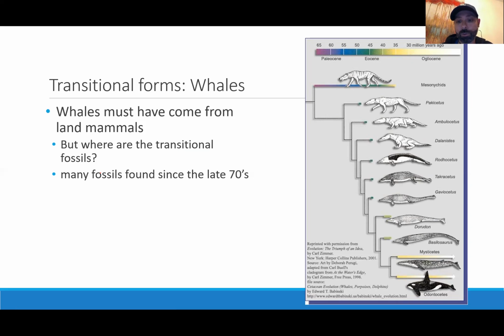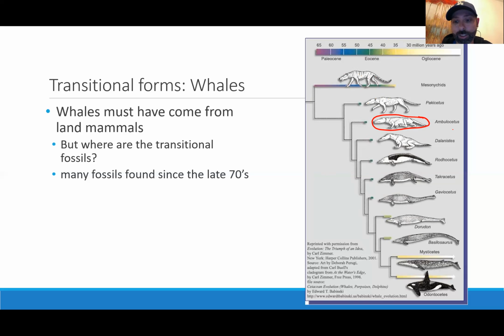Each one of these pictures represents fossils that they found and dated to find the chronological order. And when you arrange them in chronological order, they show a progression of this dog-looking thing that a little while later still looks like a dog-looking thing. But then it's not a huge leap to get to the next thing in line.